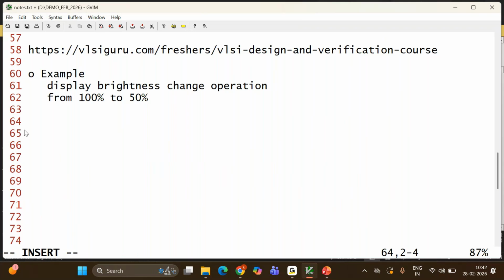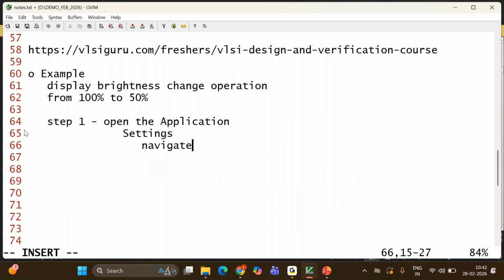What do we do? We use step number 1. We open the application. Now what application? Settings is the application, right? In settings, what do you do? Navigate to something called display and brightness, might be there, right? Navigate to the display and brightness option.